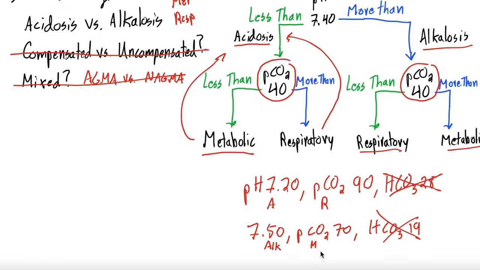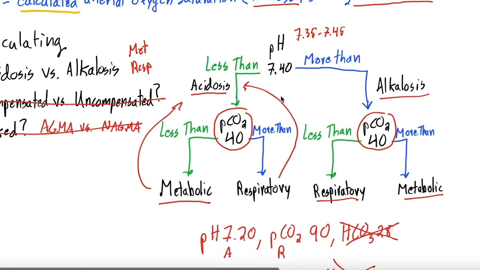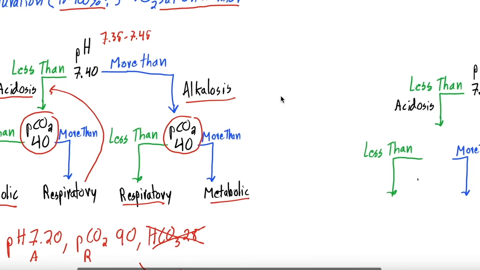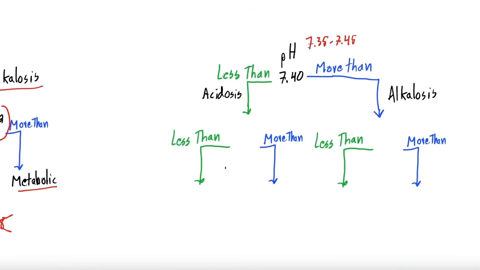So for these examples, we used the PCO2 as the second marker we looked at after the pH. But you can replace this with the bicarb if you wanted to. So we essentially have the same little chart over here, and instead of the PCO2 here, we'll write bicarb, HCO3. And normal for this, we'll say, is 24.